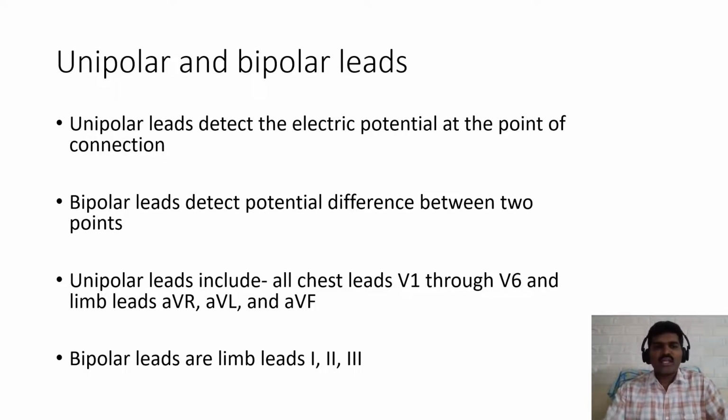Because you are connecting the electrodes far away from the heart, the electrical potential at that point will be very, very minimal and it will not be deflected properly on ECG to be recorded. So the machine has a protocol to increase the amplitude of the recorded potential difference and show you. Bipolar leads are the limb leads 1, 2 and 3.